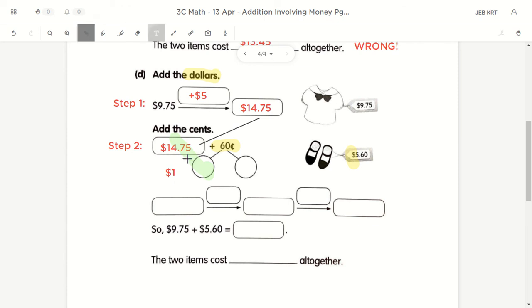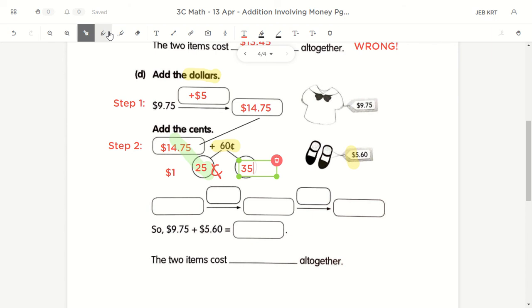You realize that 75 cents and 25 cents will make $1. So if this is 25 cents, what's left behind is actually 35 cents. Just work it out and you will know that it's 35 cents, because 25 plus 35 gives you 60.